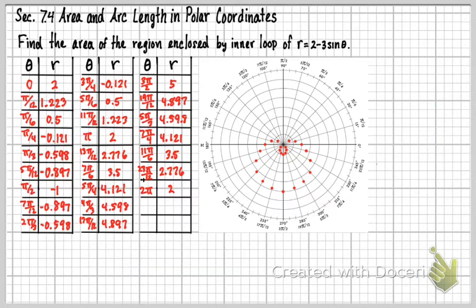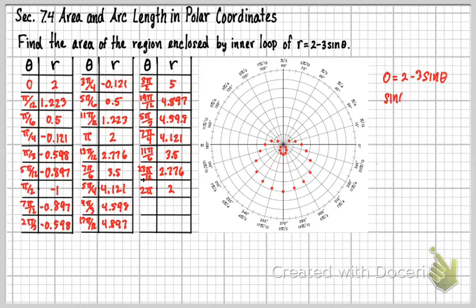So I'll take 0 equals 2 minus 3 sine theta here. And remember, I plugged in 0 for r because that's what we're looking for. My r has to be 0. So then I'm going to move the 2 over and divide by 3.